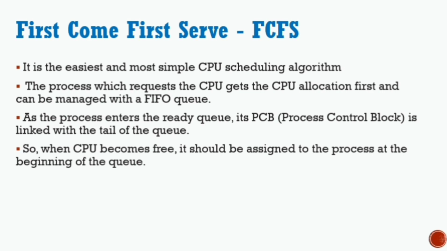The characteristics of FCFS are that it offers both non-preemptive as well as preemptive scheduling, and jobs are always executed on a first come first serve basis. Whichever process demands the CPU first will be allocated the CPU at that time, while all the subsequent processes would be handled in a ready queue, following the FIFO technique.